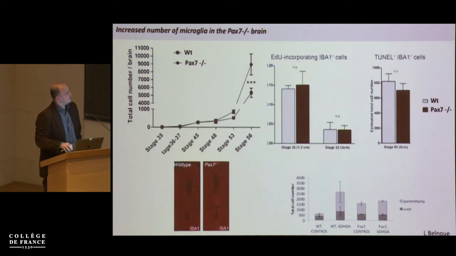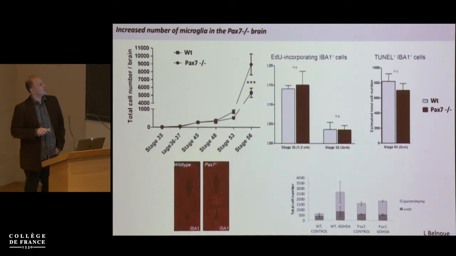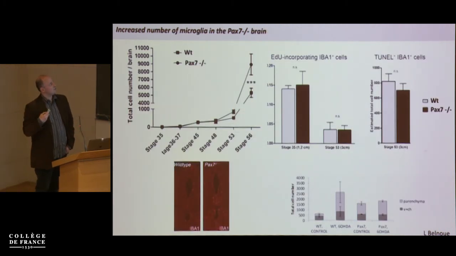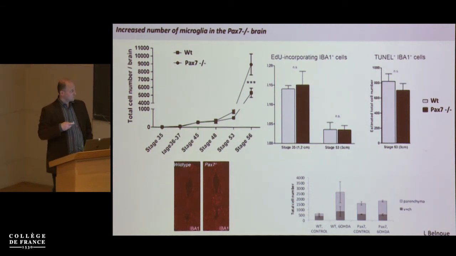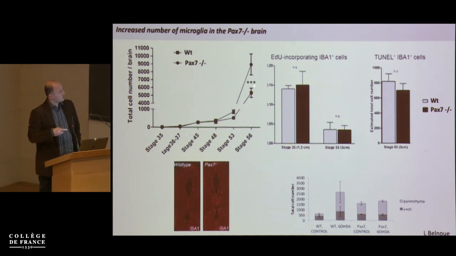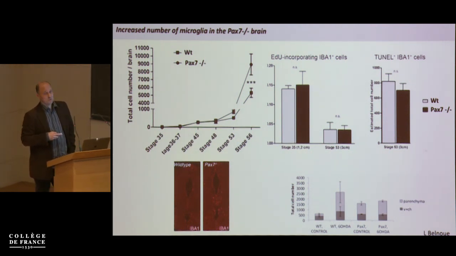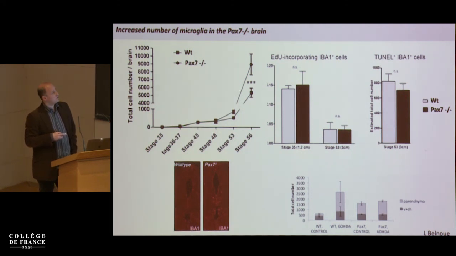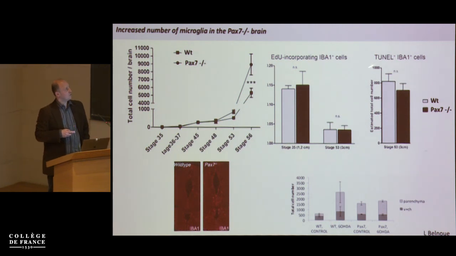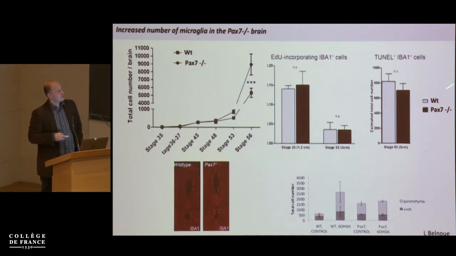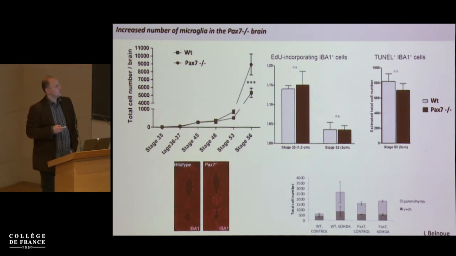Another problem that these animals have is an increased level of microglia. So with age, there is an increased number of microglia, which we think is because of infiltration, because when we look at proliferation or at apoptosis, we don't see any difference between the mutants and the wild types.